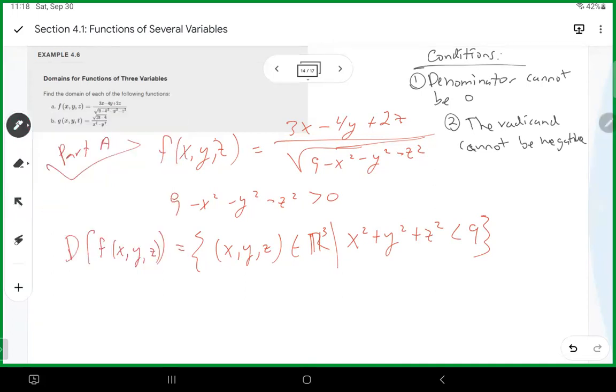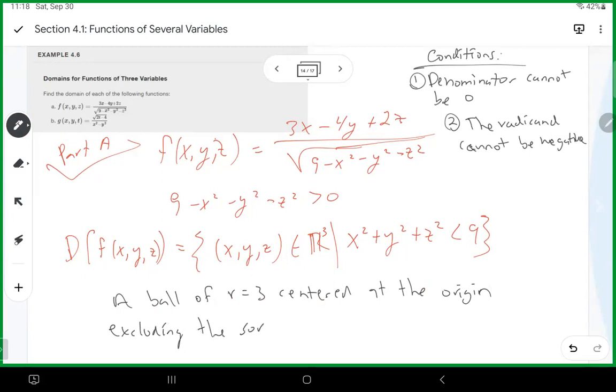So this is a ball of radius 3 centered at the origin, excluding the surface of the ball.